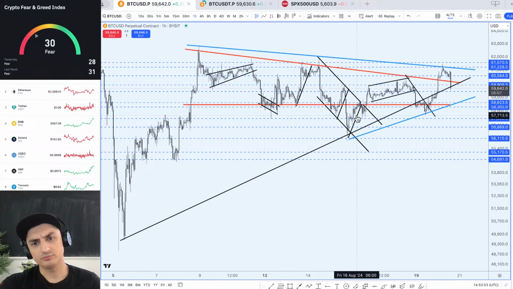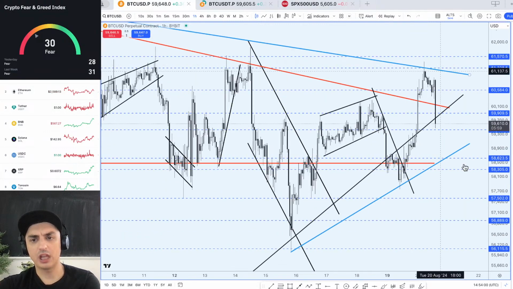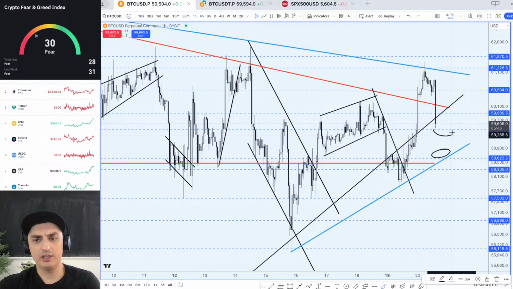So what we could potentially have is that we are coming to this area. In this area we got 58,600 as well. So that is really important, to see how we're going to react over 59,400, 500.